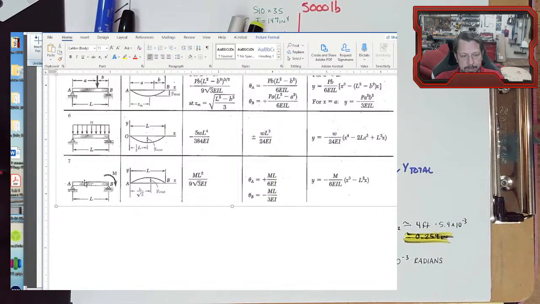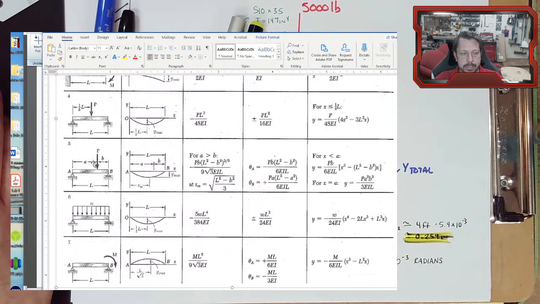So you have to do a lot of little mental work, or you could physically draw it out and reverse everything, or mentally mirror image things when your moment's on the other end, or when your point load is shifted over to the left instead of over to the right. So you do have to be careful that you're following the diagrams that the reference is showing and the variables that they have in those diagrams and using them the way that they intend for you to.